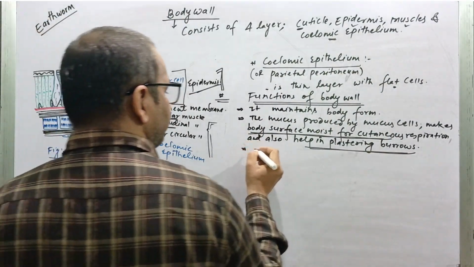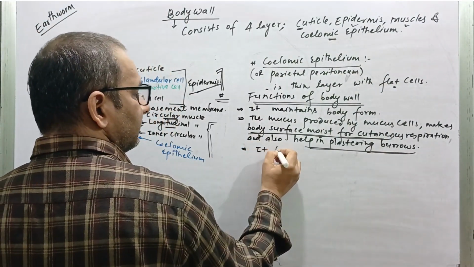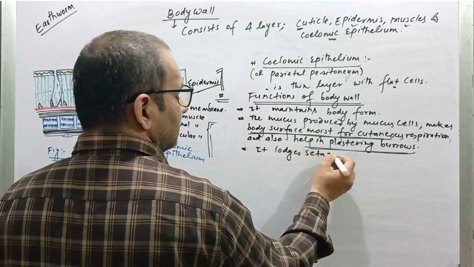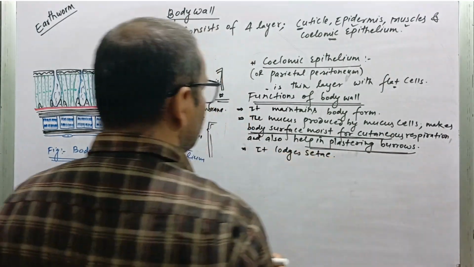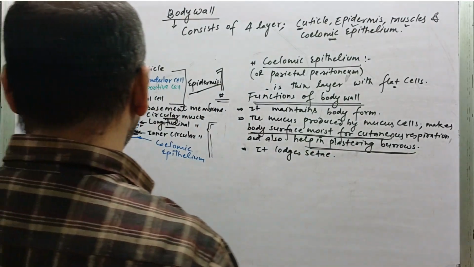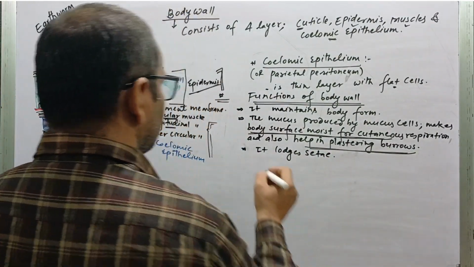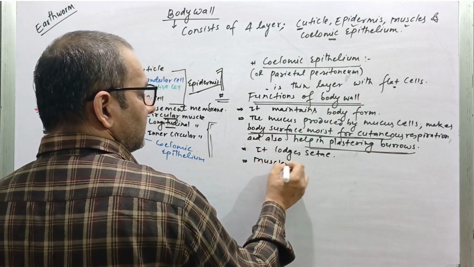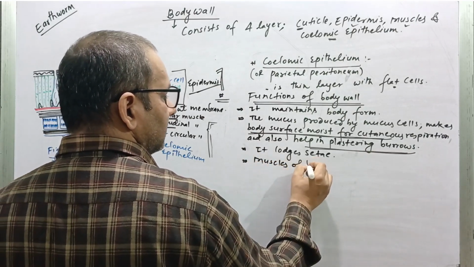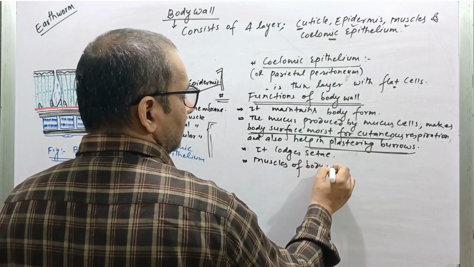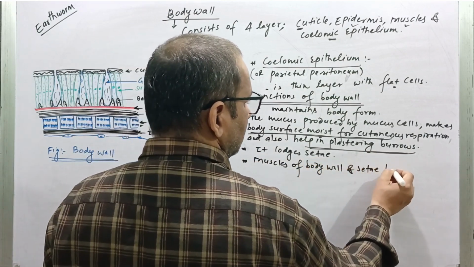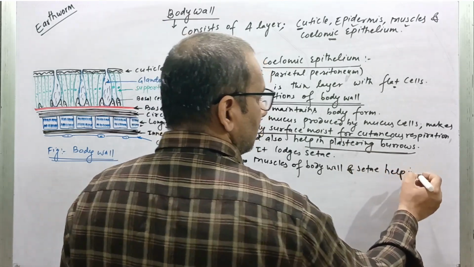Now the body wall lodges setae, which are the locomotory organelles. Muscles of the body wall and setae help in locomotion.